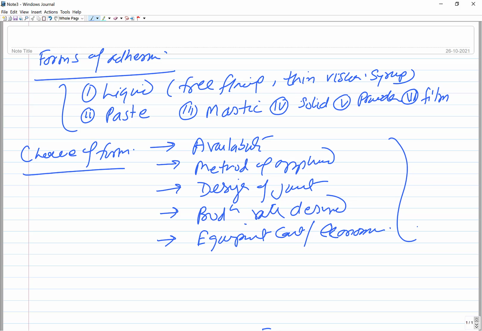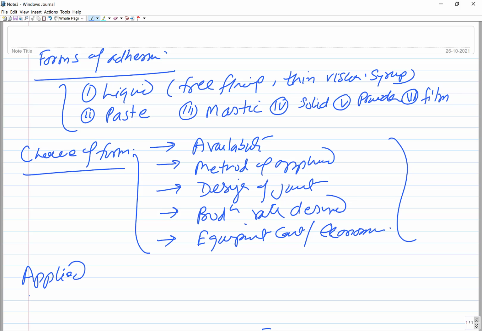The liquid form will be suitable in certain cases, maybe powder form or paste form in others. So different situations and different parameters will dictate the choice of adhesive form in different ways.